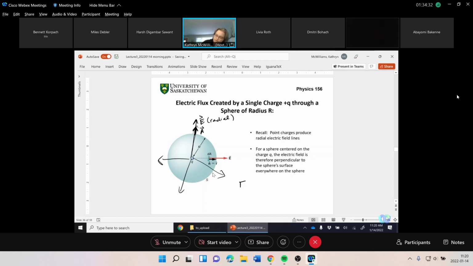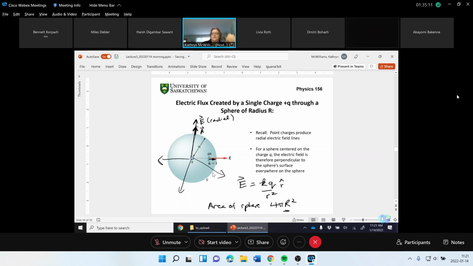So for a point charge, E is KQ over R squared R hat, right? Does anyone know what the surface area of a sphere is? 4 pi r squared. Great. I'm a little overexcited, but thank you for doing that so quickly. And in this case, we have capital R. It's a constant, right?